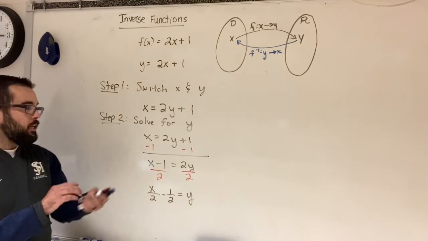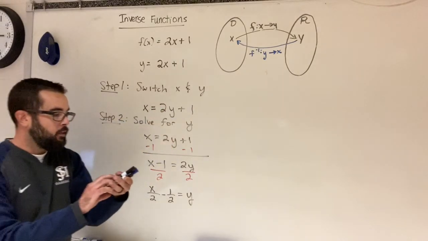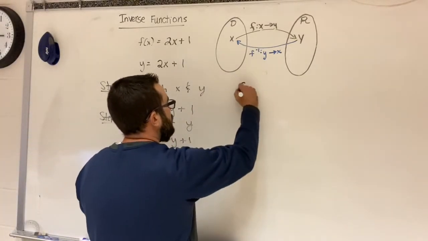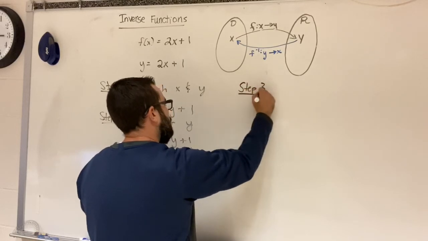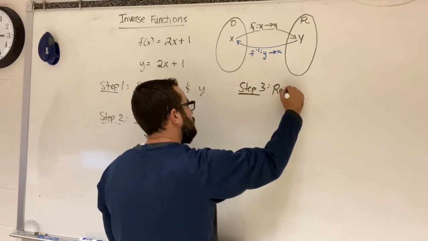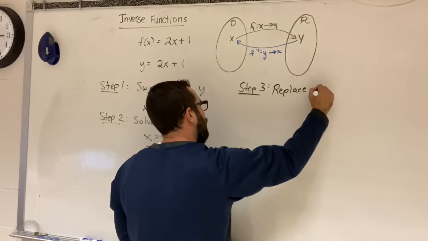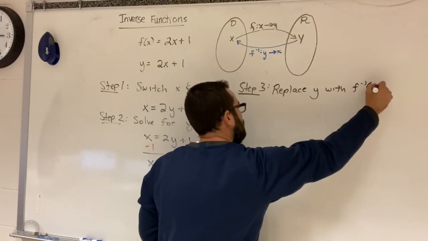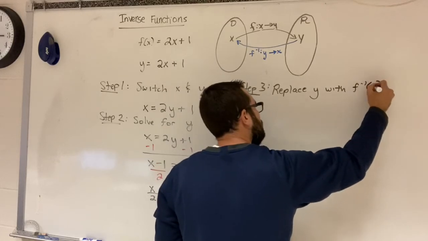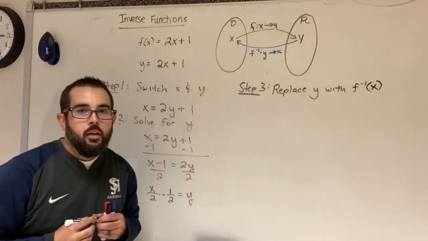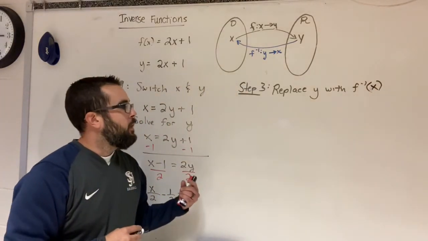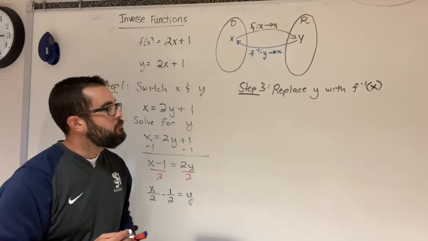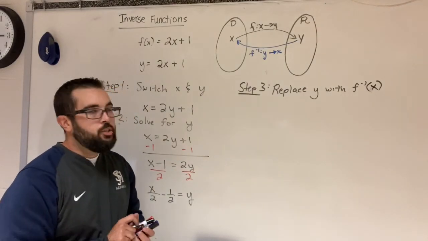All right, I'm running out of board space, so I'm going to put step 3 over here. So step 3 is replace y with the inverse f of x. All right, so that's just notation.